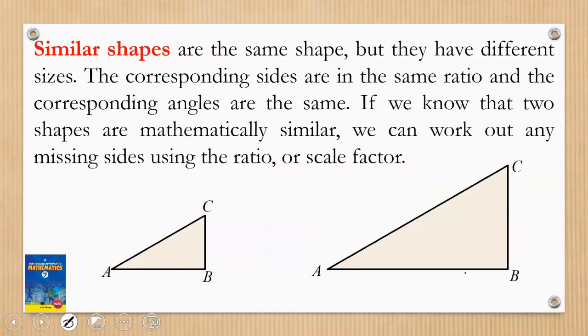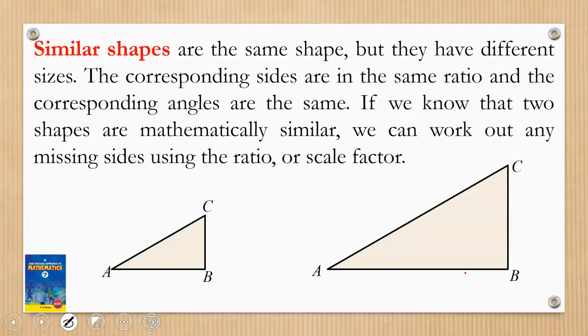Now let's also define similar shapes. When we say shapes are similar, they have the same shape but may or may not have the same size. And in most cases, when we enlarge a shape, we get its corresponding similar shape.